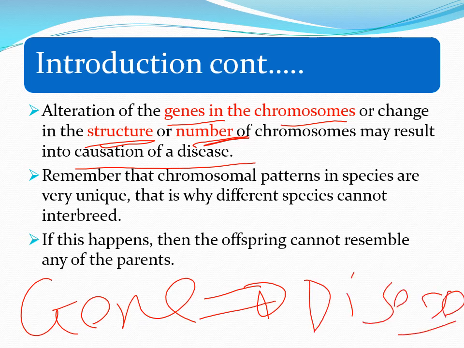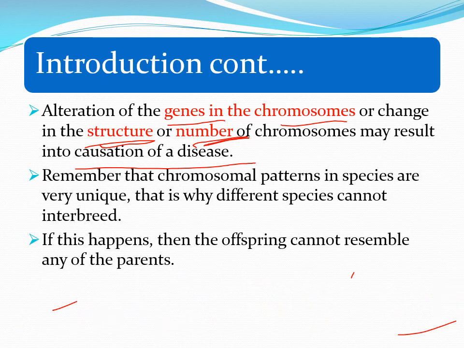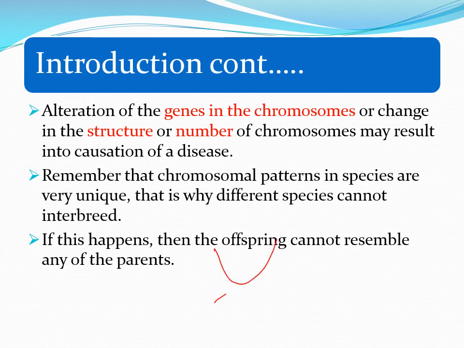Also, with the chromosome itself, you might not change the gene, you might not alter the gene, but you can alter the structure of the chromosome. That means you can distort it. For example, this is a chromosome. We know that the human has a chromosome which is a double helix. So for example, this is a chromosome looking like that.